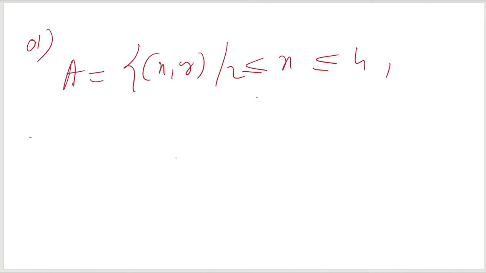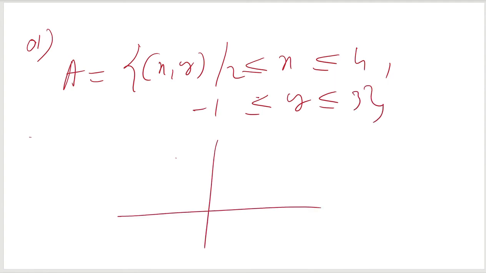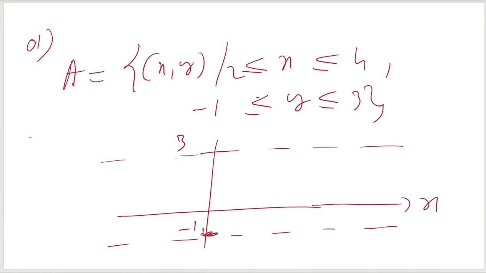and y is between -1 and 3, right? So I suggest, depending on how you visualize stuff, drawing it, because this is going to help a lot. So this is 3, this is the y value that we need, and this is x, this is y, and for the other part we have 2 and 4 here, so this area, right?